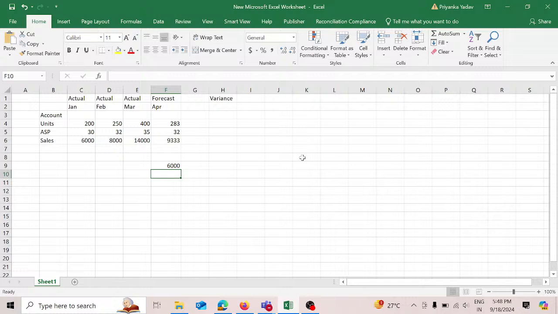So this is the difference, and now this will be divided by the last month that we are using. So this 6,000 will be divided by 8,000. So here you can see this is the growth rate. This is 0.75.